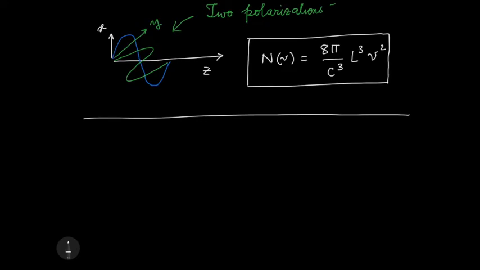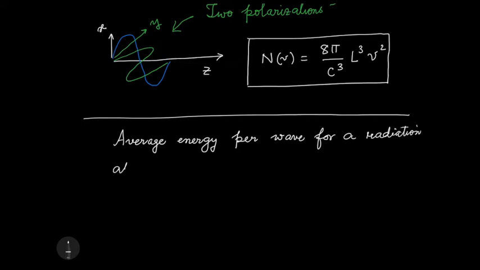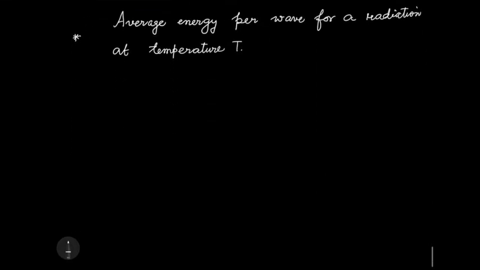We need to now calculate the average energy per wave when the radiation is at a temperature T. If I can calculate that, then I can multiply these two to get the spectral radiance.